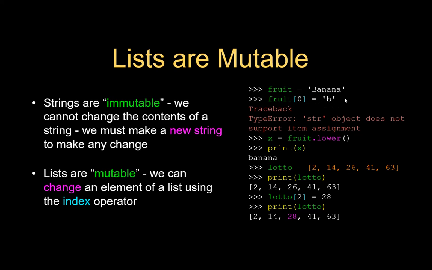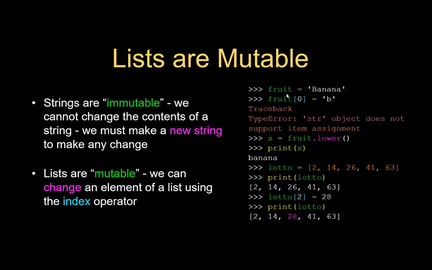So fruit square bracket 0 means the very first character in our string, which is capital B. Here we are trying to replace capital B with small b. But we cannot. We get a traceback because the string is immutable and we cannot change the content of the fruit.